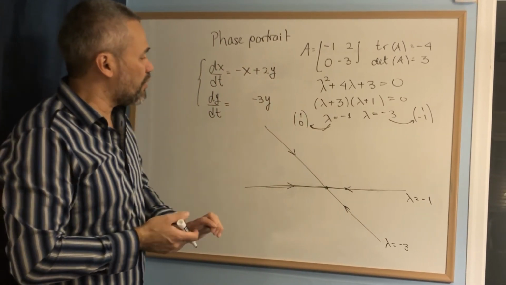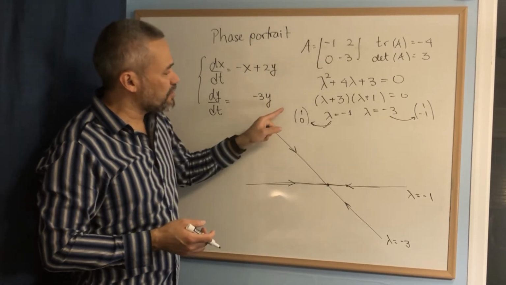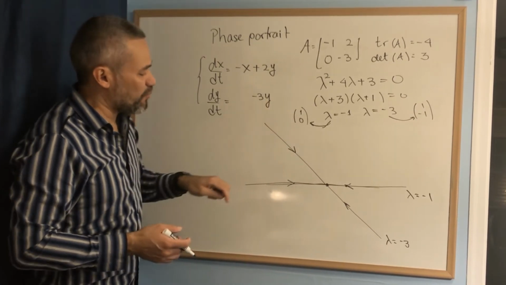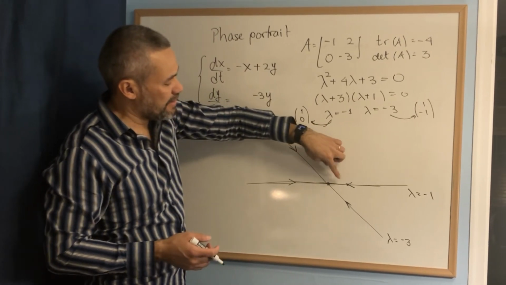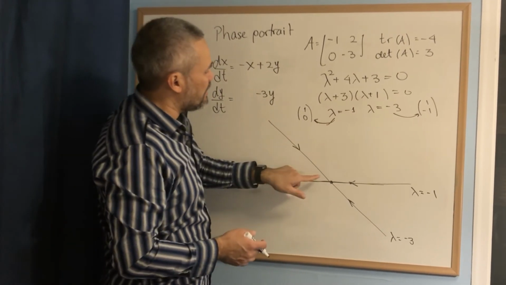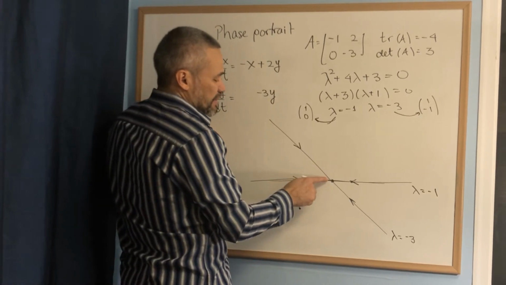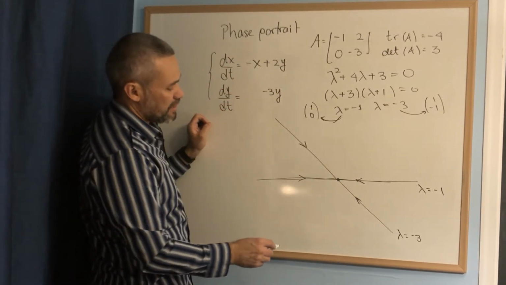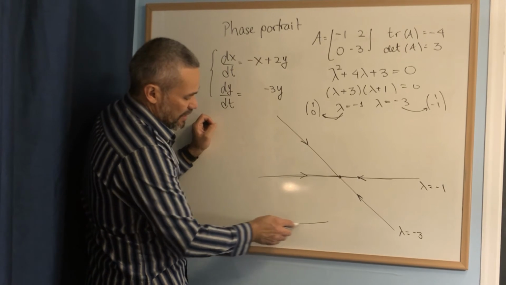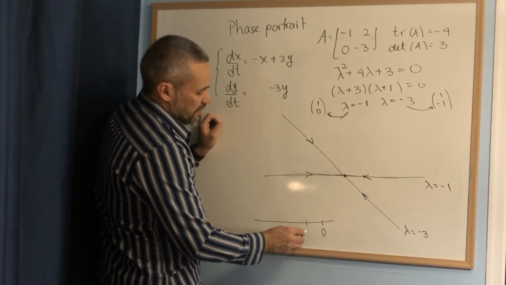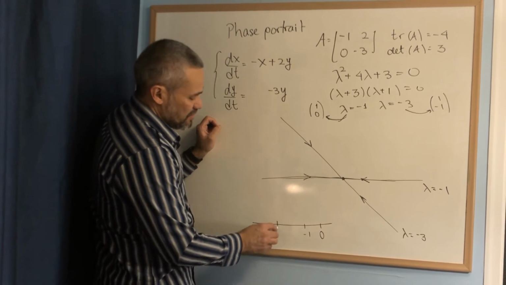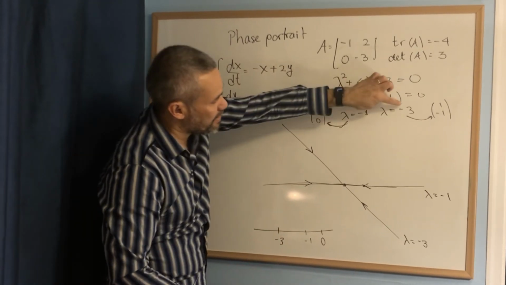Now we have to draw the other orbits. The other orbits are going to look like parabolas, but we need to decide which of the lines are the ones that are close to the orbit near the origin. To do that, we draw the real line with the two eigenvalues. This is 0. Here is -1, and here is -3.